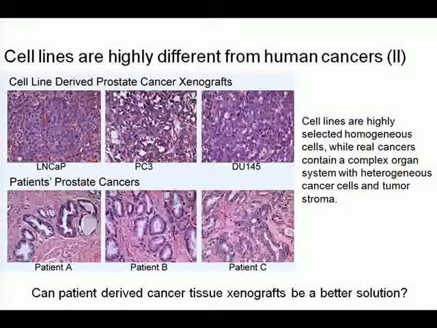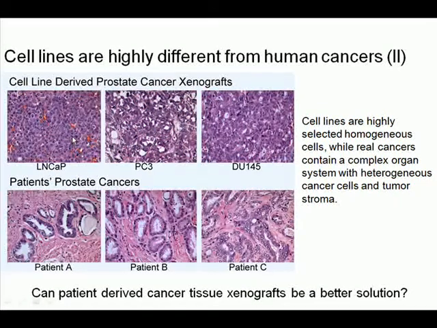Even when you put the cells inside mice, which we call xenograft, you can see LNCaP xenograft, PC3 xenograft, DU145 xenograft. They are very different from what you see in a patient. Such significant differences will certainly make a big difference in outcome.